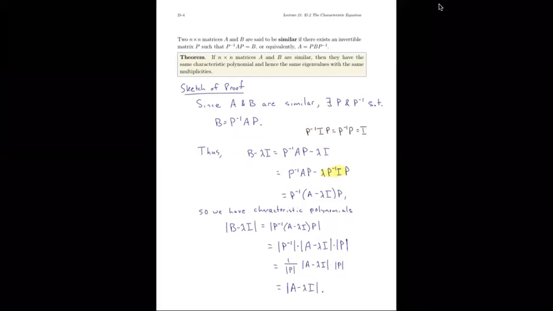The reason we do that is because now we're going to factor P inverse out on the left of either of these terms, and P will factor out from the right on either side of this expression, and we'll arrive at A minus lambda I, with a P inverse on the left and a P on the right. If we redistribute both of those multiples, we'll get the line above once again.